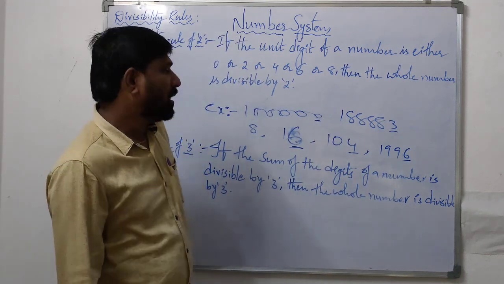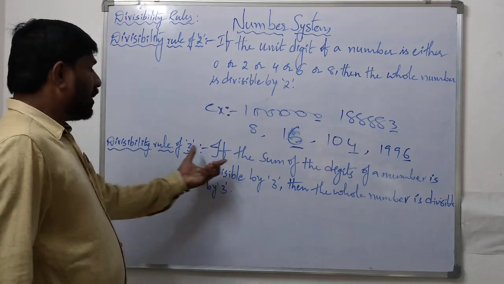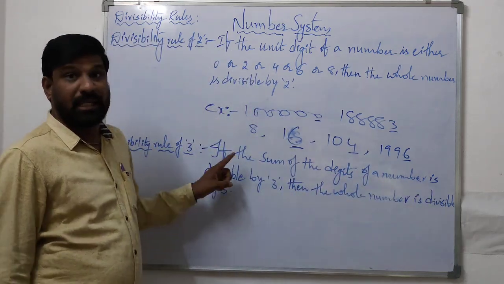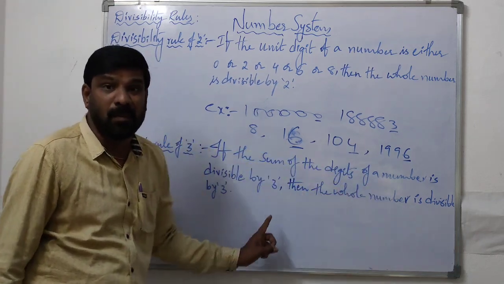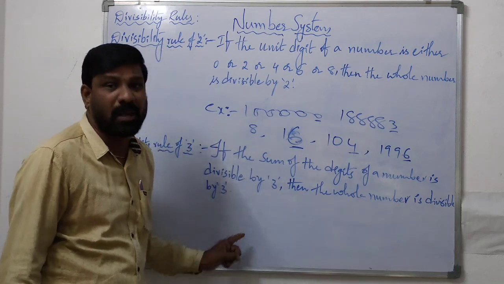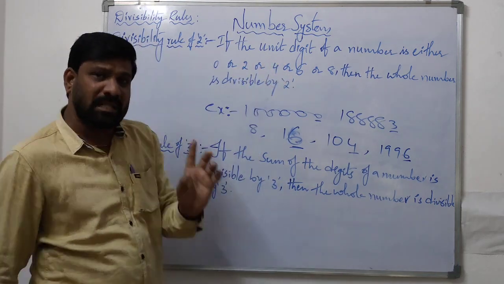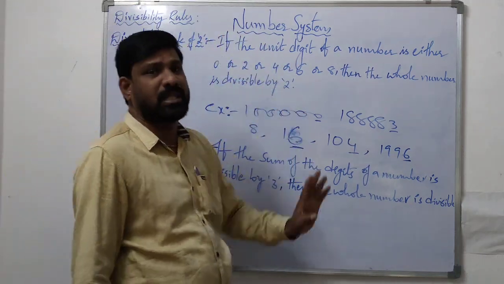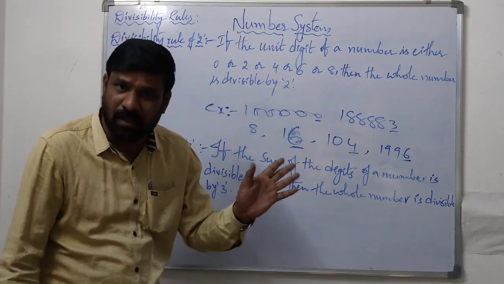Clear? Right. Coming to the divisibility rule of 3: if the sum of the digits of a number is divisible by 3, then the whole number is divisible by 3. What you have to do is take any number, whether it is single digit or 2 digit or 3 digit or 4 digit or 5 digit or 6 digit, whatever digits exist in that particular number, it doesn't matter.